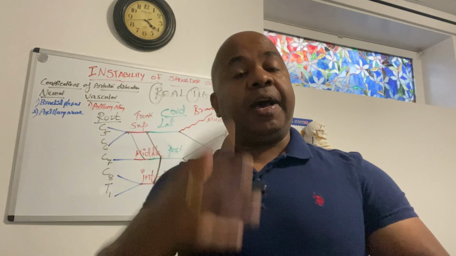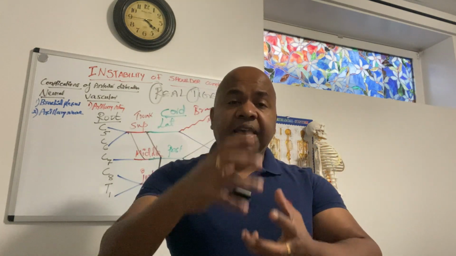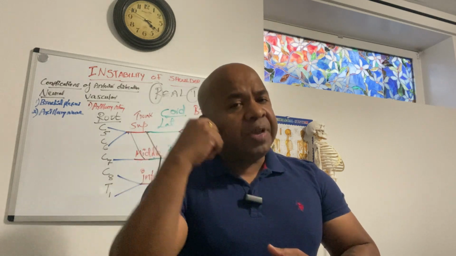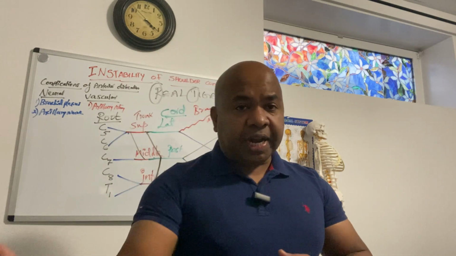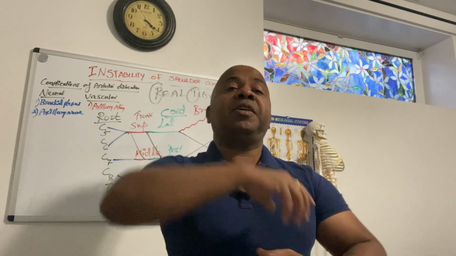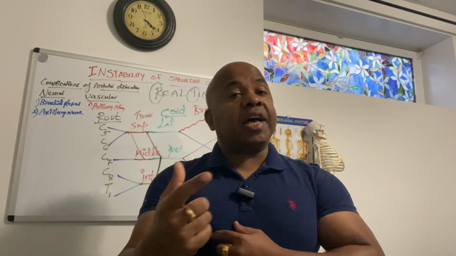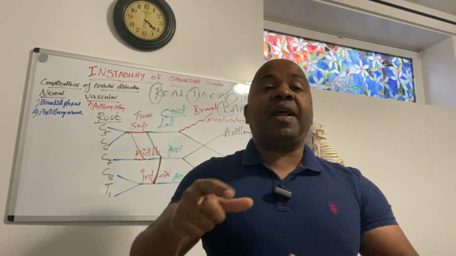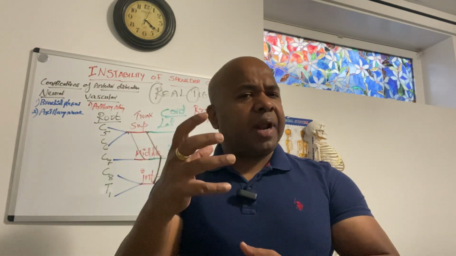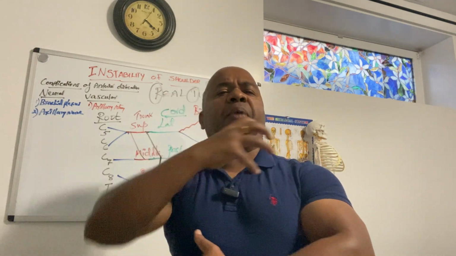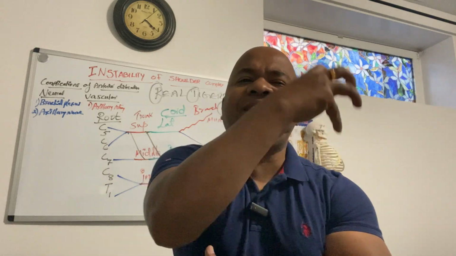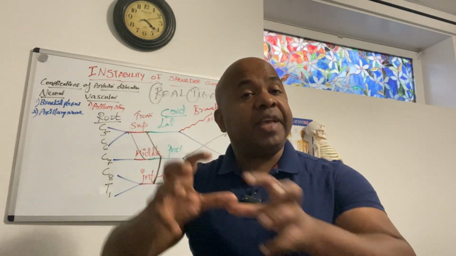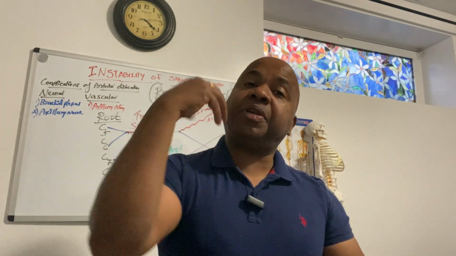The axillary nerve gives three branches: an anterior branch which supplies the anterior aspect of the deltoid, and a posterior branch which supplies the posterior aspect of the deltoid as well as the teres minor. The third branch is called the articular branch, which supplies the glenohumeral joint itself. This axillary nerve supplies mainly the deltoid as well as the teres minor.